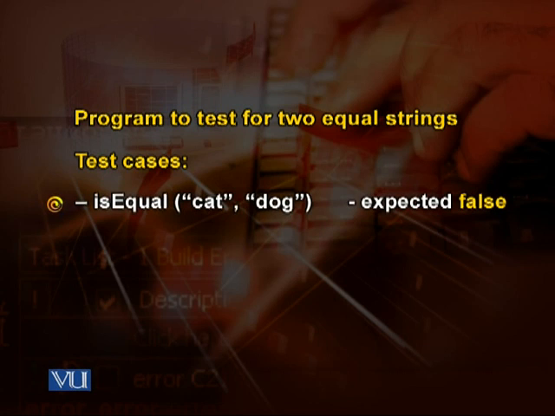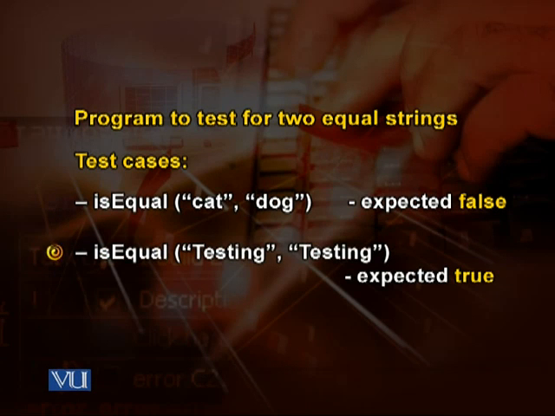The name of the function is equal. It takes two strings as parameters. The first test case is equal, with the first string as cat, the second string as dog, and the expected outcome is false.